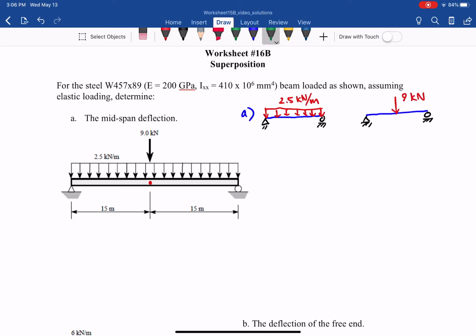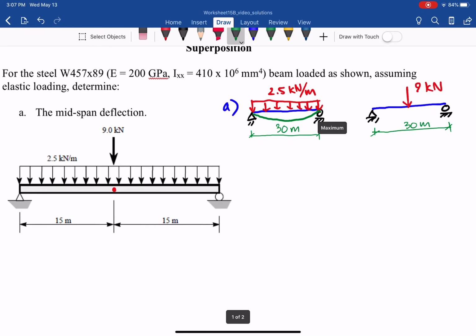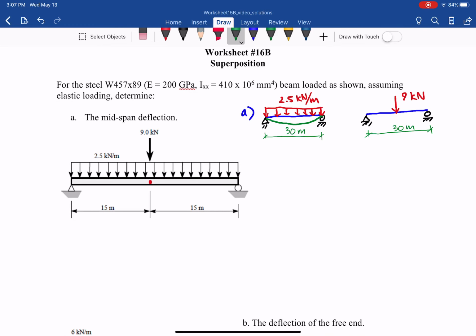The span for each beam, as shown, is 30 meters. Use your common sense, and you can see the elastic curve will bend down like that. Let's call the deflection at the midspan for this beam y1.